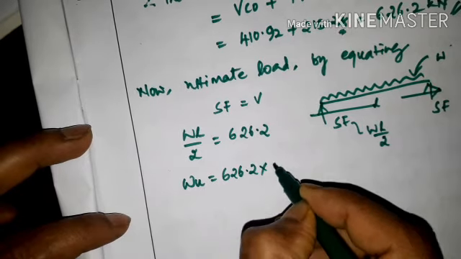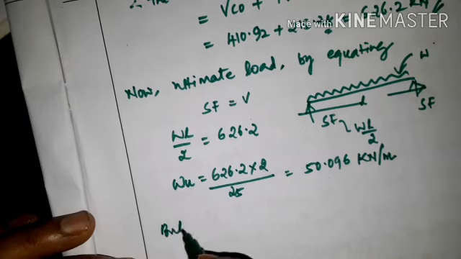So we will get 50.096 kilonewton per meter. This is the load the beam can carry with respect to the shear force.